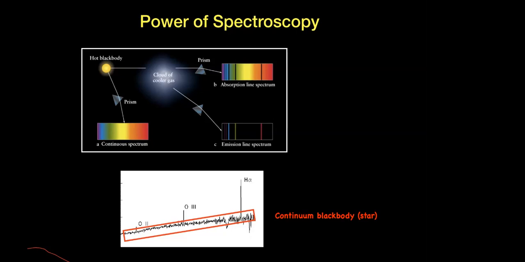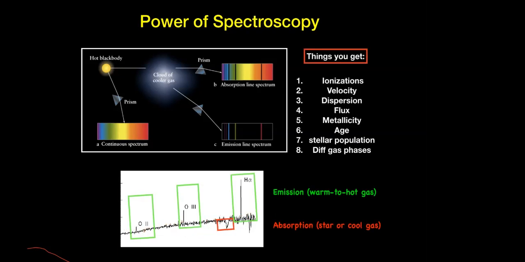And the overall shape of the spectra is what we call the continuum. That is what I was talking about here, which comes totally from the star. Now, in addition to the continuum, there are other features in the spectra. There is an absorption line here, which comes mostly from the cooler gas.